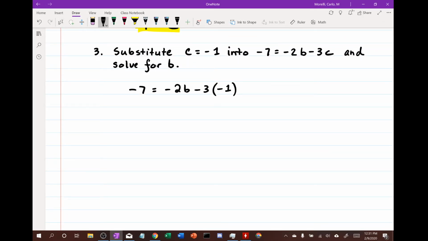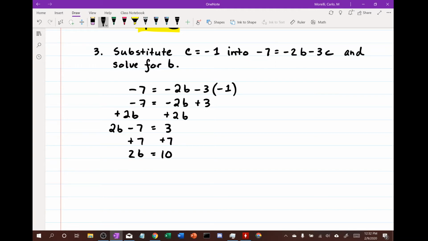So -7 equals -2b plus 3. Let's now add 2b to both sides, and we get 2b minus 7 equals 3. Now I will add 7 to both sides and get 2b equals 10.